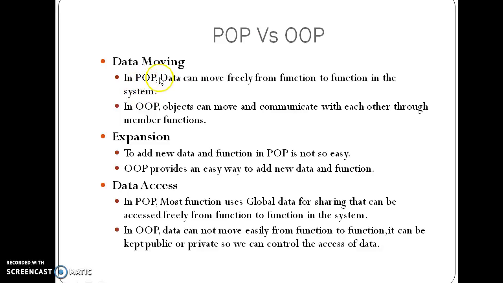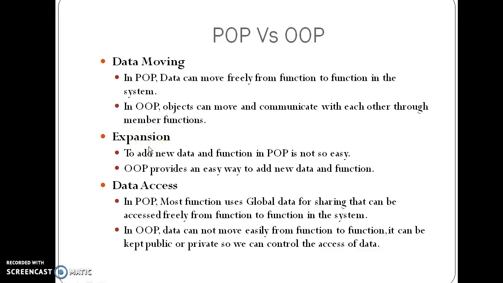In procedure oriented programming, data can move freely from function to function in the system, and in object oriented programming, objects can move and communicate with each other through the member functions. As the data can move freely in procedure oriented programming, there are chances of losing the data. So as compared to this, object oriented programming is better.